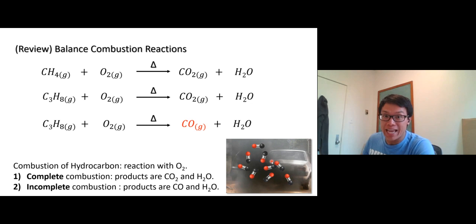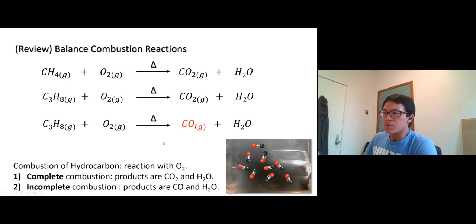Carbon dioxide is a colorless gas. You can't see it. The black gas here is actually carbon monoxide. It comes from the old car because the car exhaust is old and the combustion is incomplete. So when you see a car produce black gas, some of it is carbon dioxide, some of it is carbon monoxide. They mix in here.